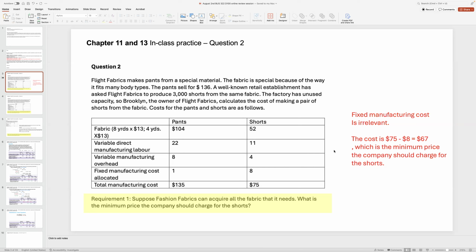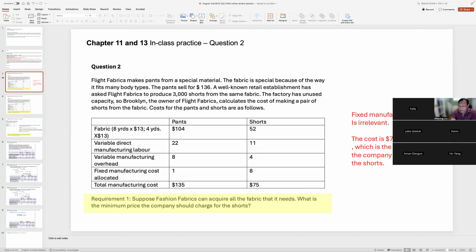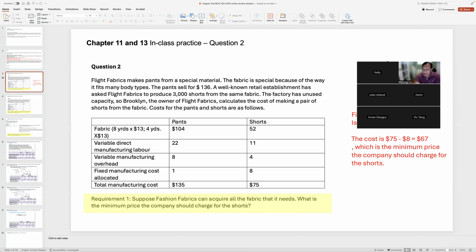Therefore, if I charge 67, it's okay because I'm not losing any contribution margin. But if I charge below this price, then you are losing money. So that's the idea. The minimum price should be 67. Okay. If you understand this question, please give me a thumbs up. 1, 2, 3. If you understand this question.